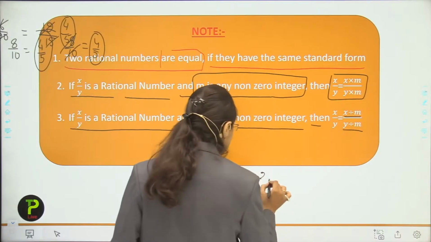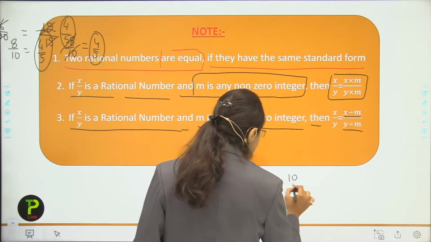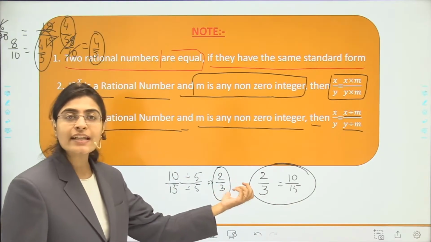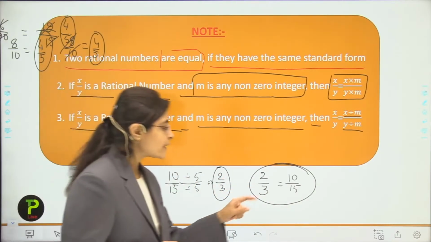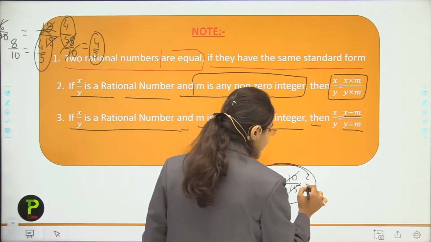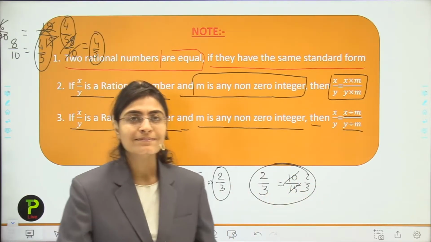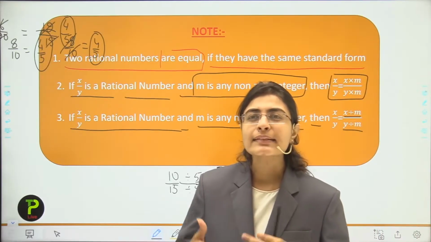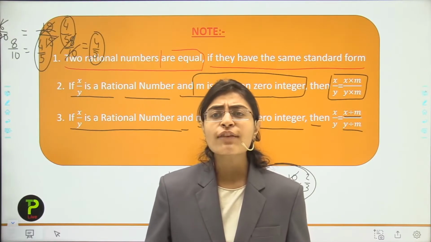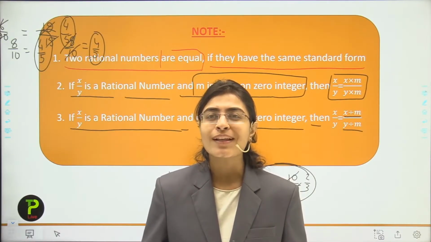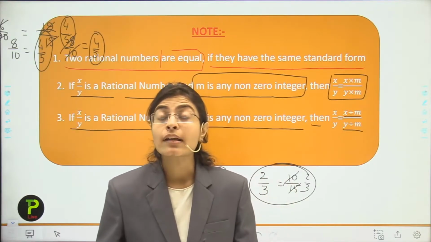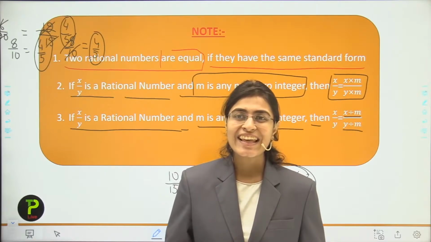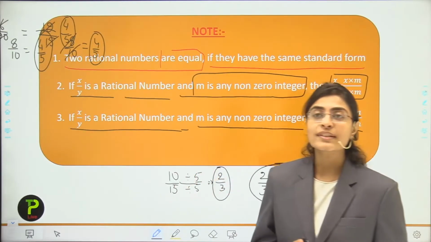So 2 by 3 is equal to 10 by 15, because again the standard forms are the same. The standard form of 10 by 15 is 2 by 3, and 2 by 3 is 2 by 3 only. Whenever we are multiplying something to the numerator, make sure that we multiply it to the denominator as well, and the same is the case with division. Why? So that the value of the rational number remains the same. I hope these notes are clear to you.